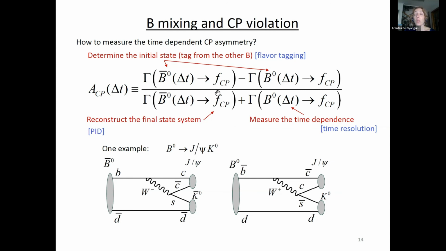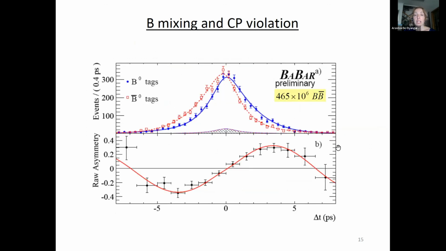We have to be able to reconstruct the final state in a good way, and we also have to measure the time, because this asymmetry is always studied depending on the time. We have to have a very good time resolution. Okay, and this has been measured by the B factories. You can see it very clearly here, and how this asymmetry looks like.